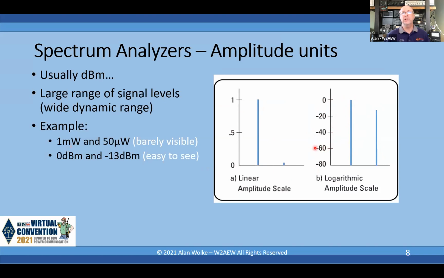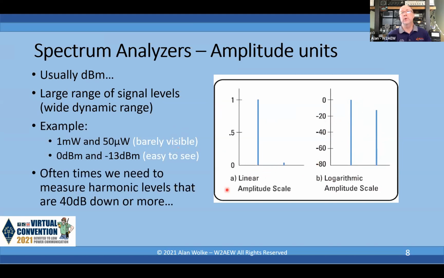A factor of 10 is 10 dB, a factor of 100 is 20 dB, a factor of 1,000 is 30 dB, 10,000 is 40 dB. So we can see a tremendous variation of signal levels when we use a logarithmic scale like dBm to display what we're looking at on a spectrum analyzer. And that's typically why it's done.